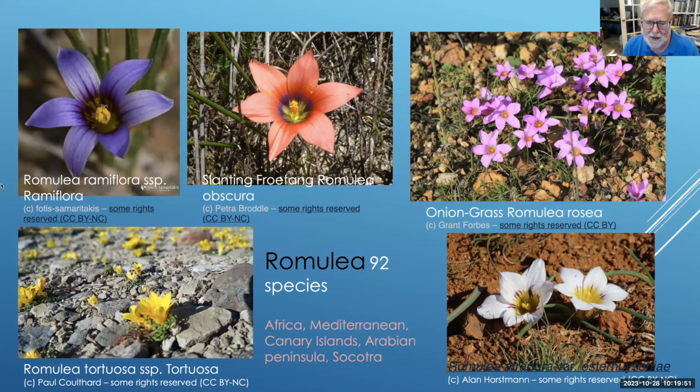And Romulea does extend around the Mediterranean, the Canary Islands, the Arabian Peninsula, and Socotra, which is an island. So it has a fairly broad range, and there probably are species that you could grow if you kept trying in a lot of different climates, and maybe even here. Let's try the next slide. But they are pretty.